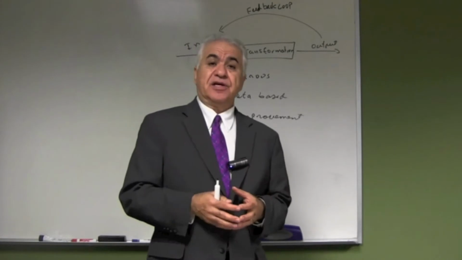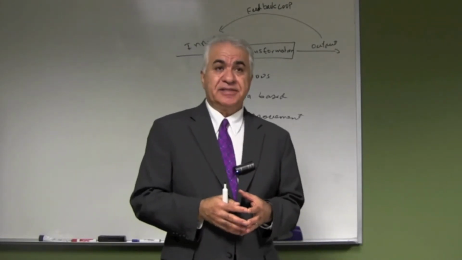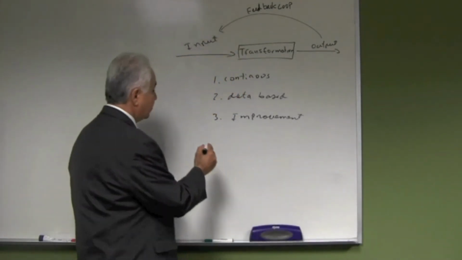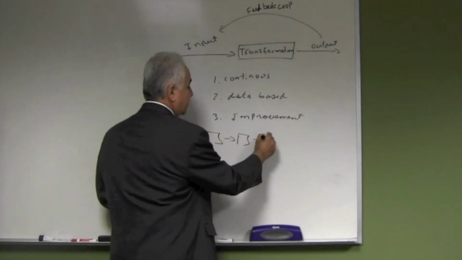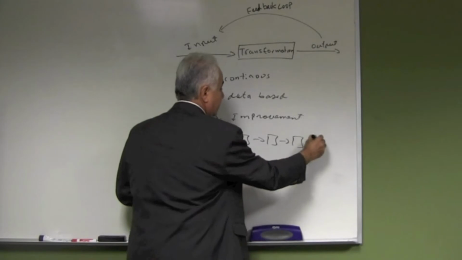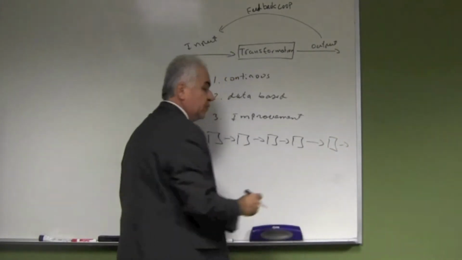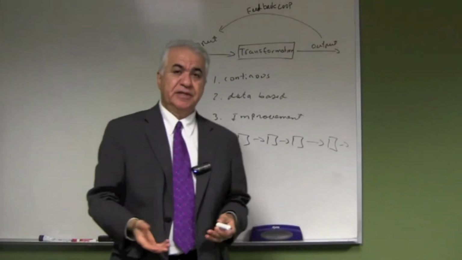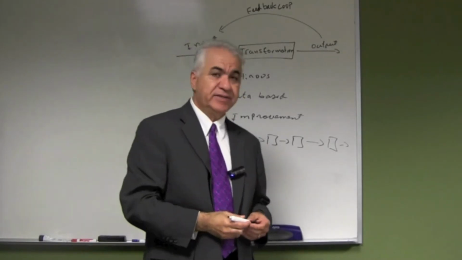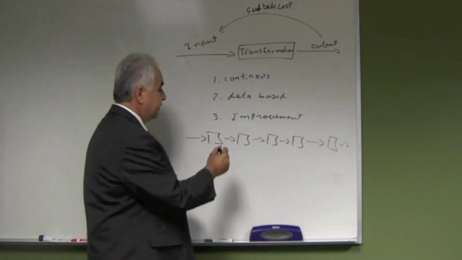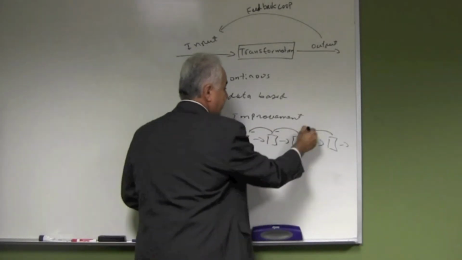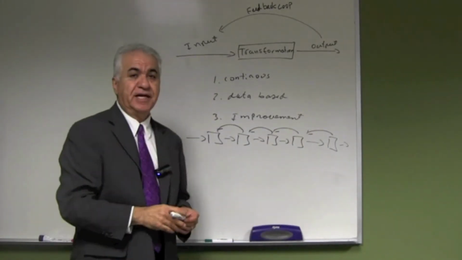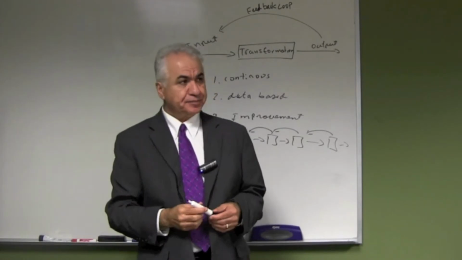Oftentimes the processes are connected and appear as a sequence. So we have a sequential process where a number of processes are connected to each other. We will have greater discussion about sequential processes at later lectures. Then again, each process must show the feedback loop and the feedback process.